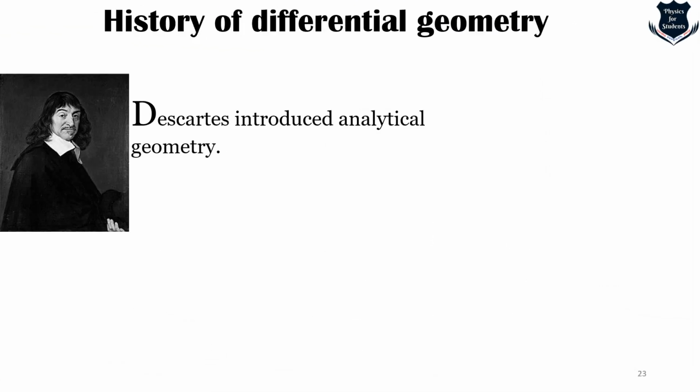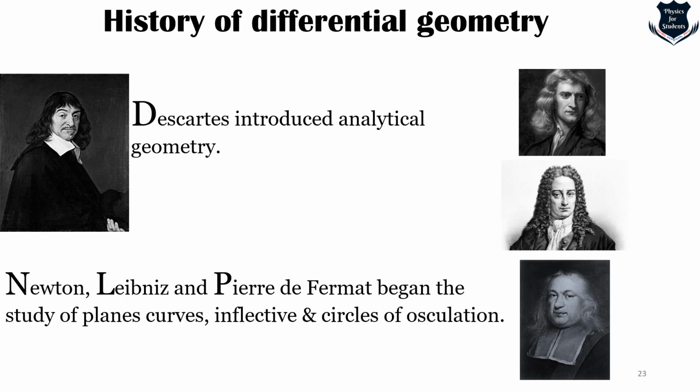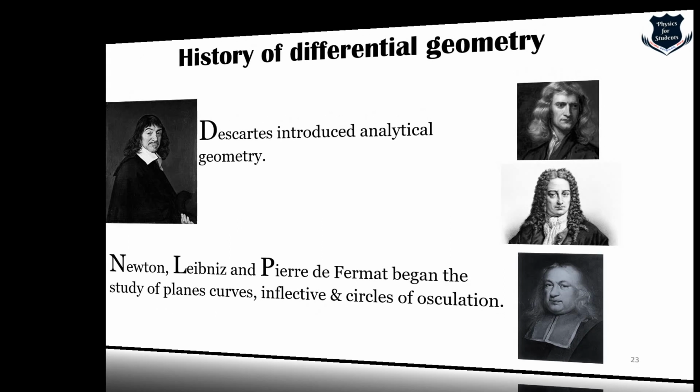At this time, the recent work of René Descartes introducing analytic coordinates to geometry allowed geometric shapes of increasing complexity to be described rigorously. In particular, around this time, Pierre de Fermat, Isaac Newton, and Leibniz began the study of plane curves and the investigation of concepts such as points of inflection and circles of osculation, which aid in the measurement of curvature.